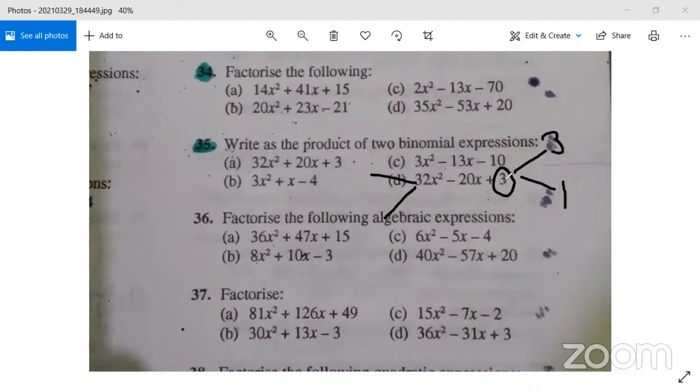But for 3, it's just 3 and 1. And of course, the first and the third term are the building blocks of everything that is a quadratic expression or equation. So 20 is more composite, 40 is also composite.